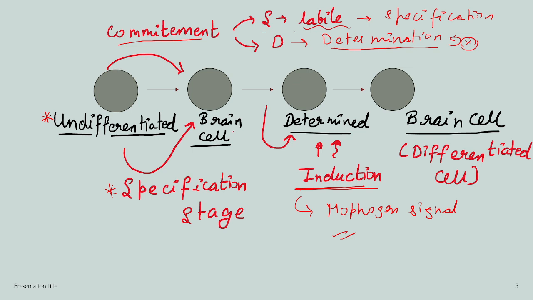Like brain cell, first it was specified, now it is determined. From here there is no going back. So the cell will obviously convert into a 100% brain cell only. So at this stage, when a determined cell gets converted into a brain cell and there is no going back, then the cell is known to be differentiated. Now it has been differentiated. So I think this concept is very clear and this is very important.